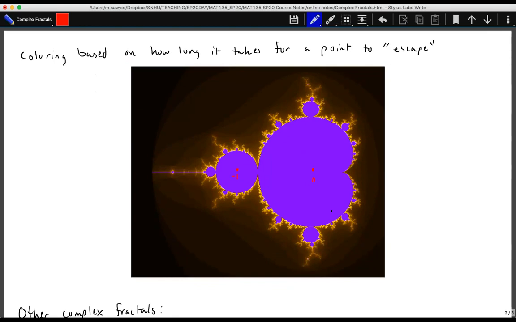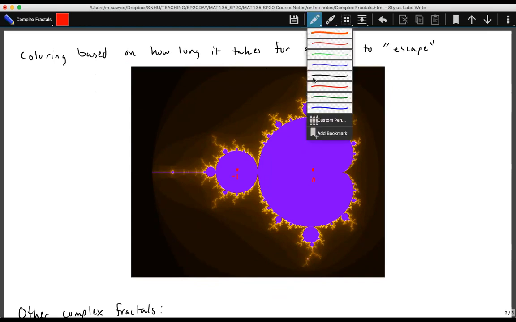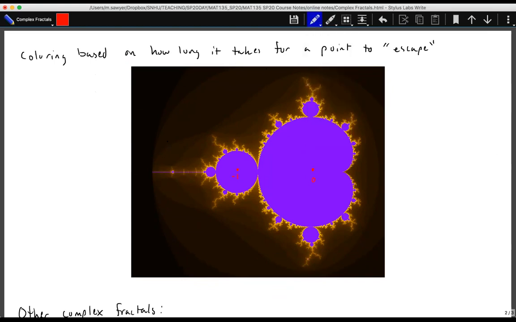Now, outside the purple, as the colors change, that indicates that some of the points have escaped faster or slower. So we see that there's this kind of boundary, this little edge right about here. This is our circle of radius 2. And this is our boundary point.